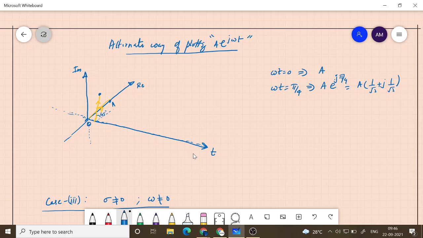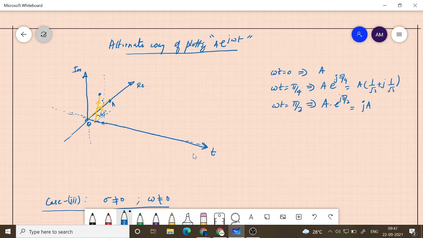After another pi by 4, I will come here, that is omega t is equal to pi by 2. Then I have e raised to j pi by 2, and cos pi by 2 is 0, sin pi by 2 is 1, so I will have jA. So the function is now going to align with the vertical axis, so it will be like this. It's very difficult in fact to show it properly.